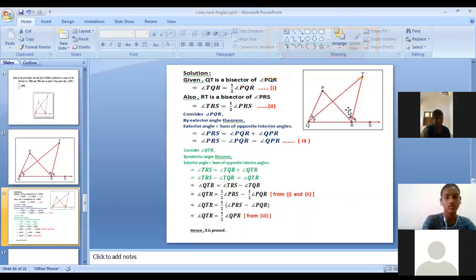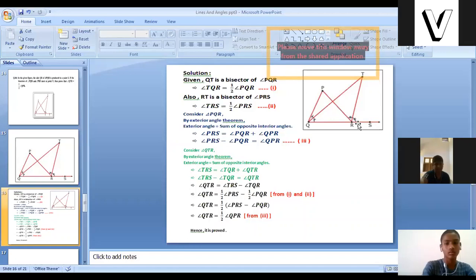Tejashwini from 9th B, you are present, dear? Yes, ma'am. Then, what is the exterior angle theorem? The exterior angle is equal to the opposite interior angle. Just one opposite interior angle, or the sum of the opposite interior angles? Sum of the opposite interior angles.